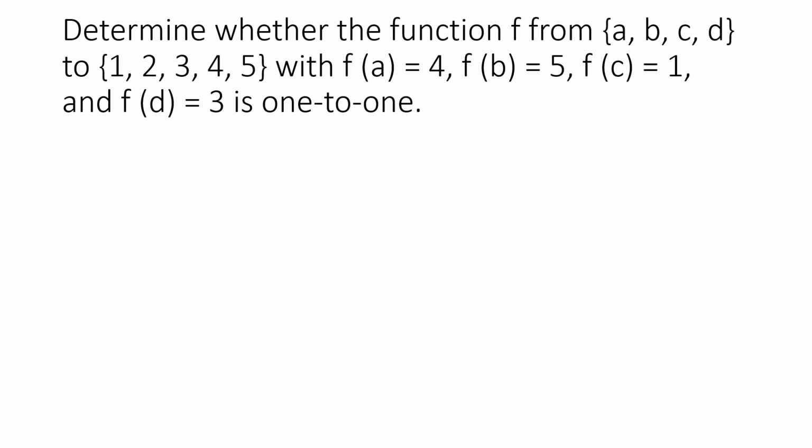In this case, f of a is equal to 4, so a corresponds to 4, b corresponds to the number 5, c corresponds to 1, and d corresponds to 3. So clearly, this is one-to-one. Okay.